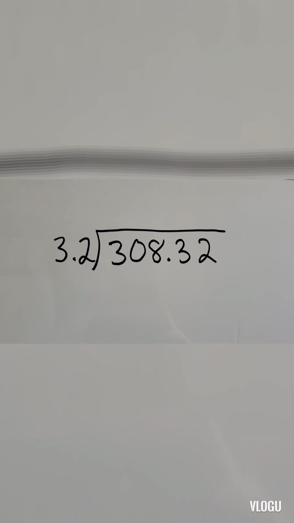I'm looking at 3 into 16. 3 goes into 16 5 times. That's all I'm going to do with that. It gives me a starting point. It gives me a guess number. I'm going to guess 5, because 3 goes into 16 5 times, so we're going to see how this works.